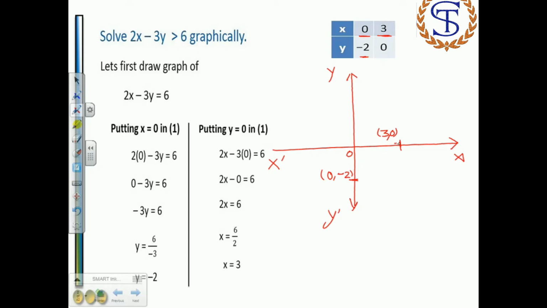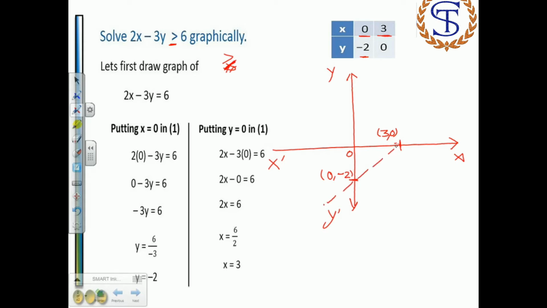Join these 2 points. But again, see here, it is the sign of inequality, that is, greater than, and here greater than or equal to is not given. This equal to is not given. It means we have to draw the graph in dotted line. Why are we using dots here?